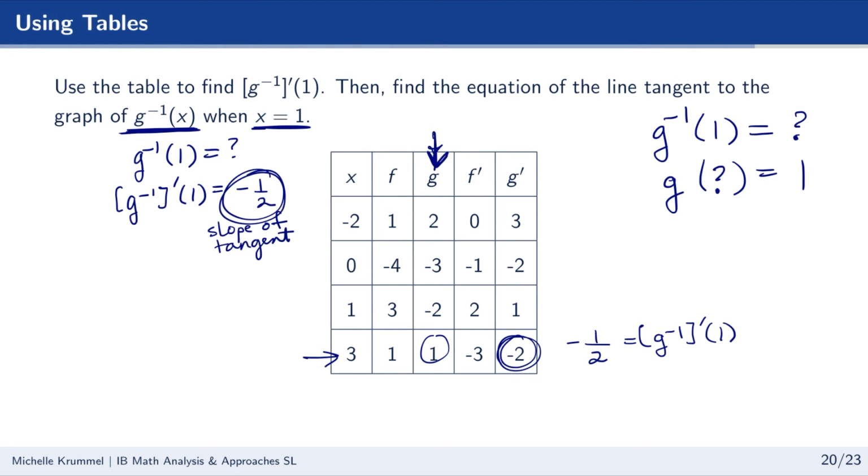Where does it equal 1? It equals 1 at 3. So that is 3. Okay, that gives us our point of tangency. So (1, 3) is our point of tangency. And now we can write the equation of our tangent line. It's y equals the y coordinate plus the slope times x minus the x coordinate.